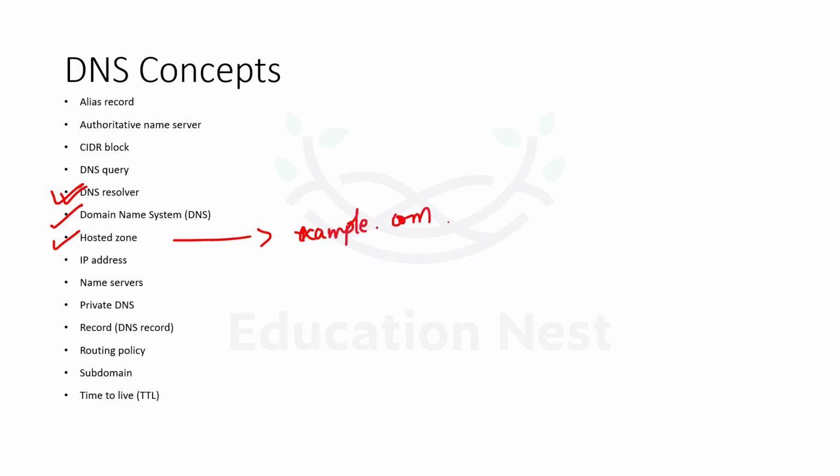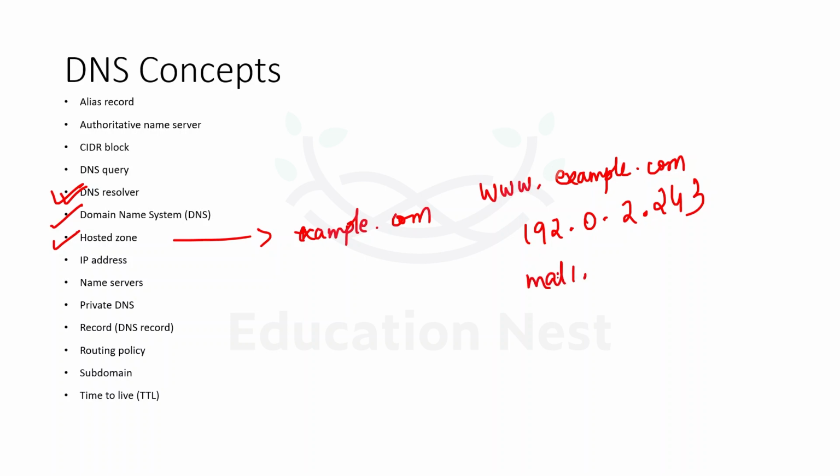If you are creating the hosted zone for example.com, it might include a record that has information about routing the traffic from www.example.com to a web server that has, let's suppose, IP address 192.0.2.243, and a record that has information about routing email for example.com to two email servers like mail1.example.com and mail2.example.com.